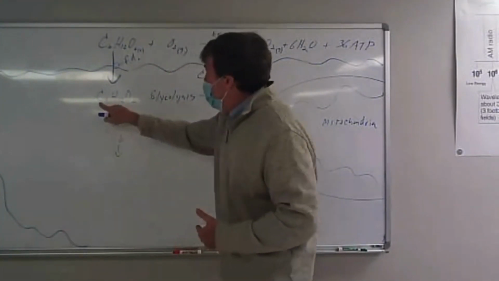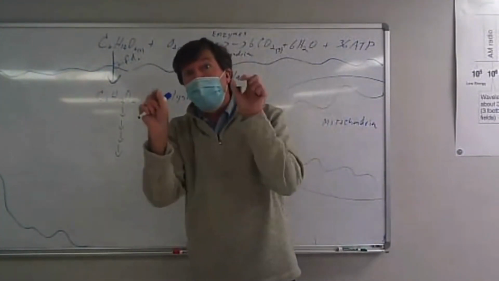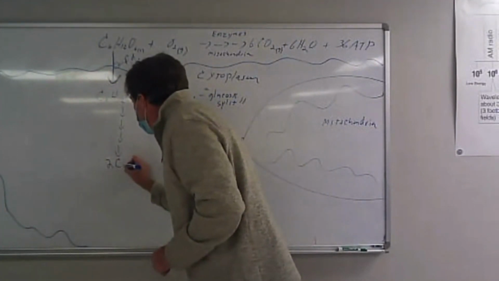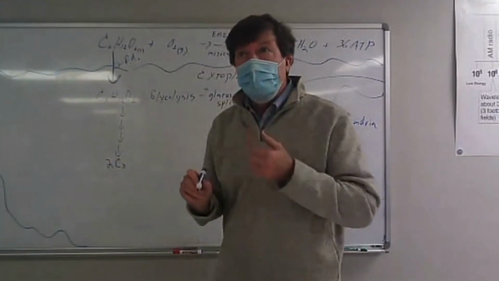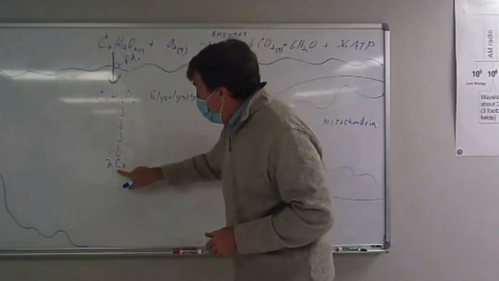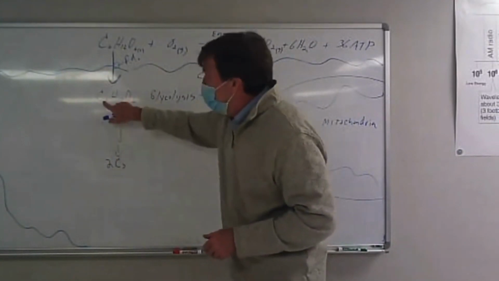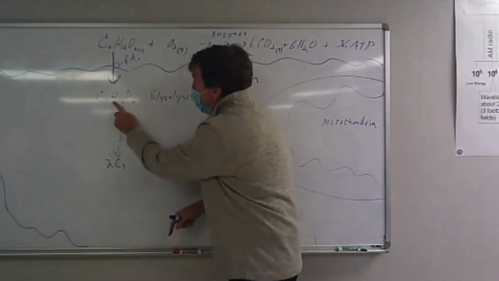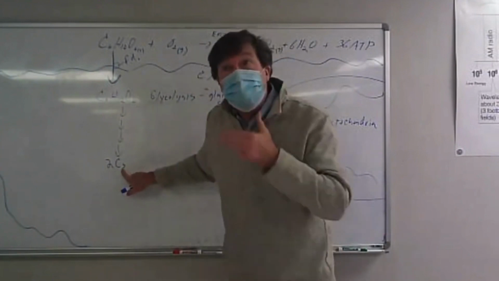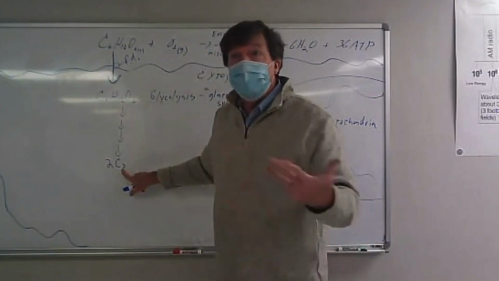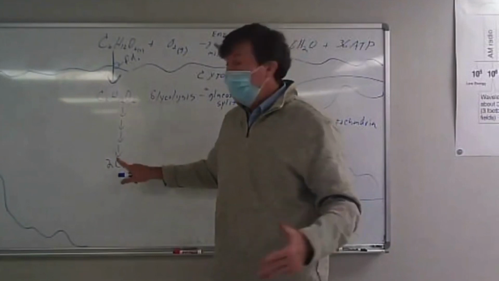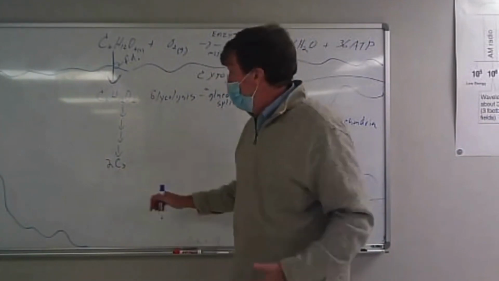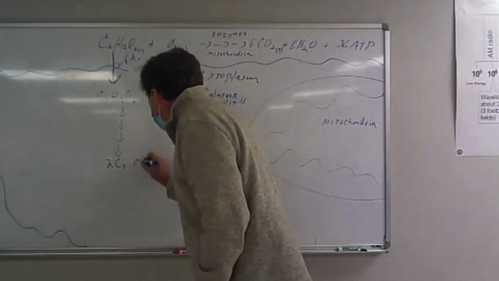This molecule is going to get split in two eventually, and you're going to end up with 3 carbon molecules. And notice 2 times 3 is 6, so we still have the same number of carbons. You might be asking, where are the hydrogens and oxygens? They're here. I'm just not showing them for simplicity purposes. What's the name of this 3 carbon molecule? Well, it's pyruvic acid.